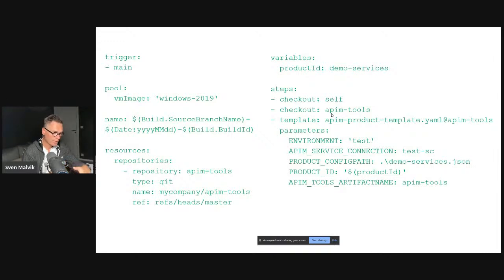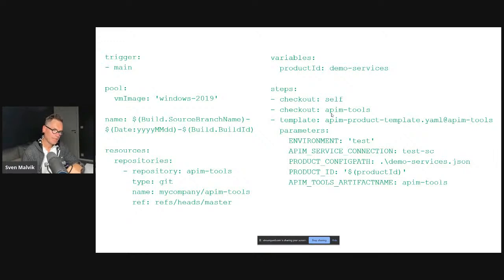We have a YAML file, and we say where the repository for this is, and then we set a variable, which is here the product ID, and then we define some steps like checkout, check out the APIM tools, which is just containing a script to deploy, also add and remove APIs, and then a template.